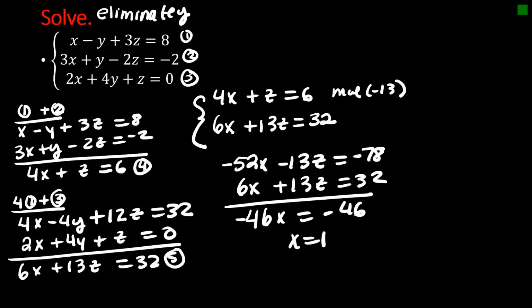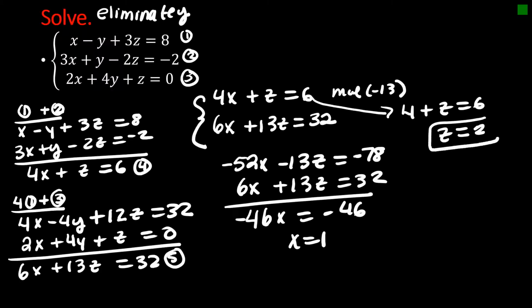And then I can find z by substituting here. 4 times 1 is 4, plus z equals 6. If I subtract 4 from both sides, z is going to be 2. Now I need to find y.